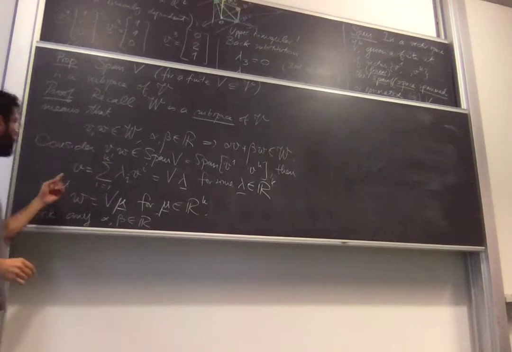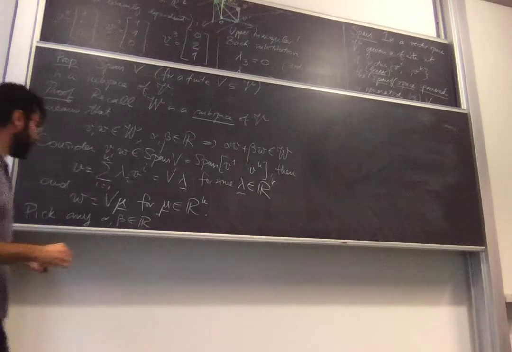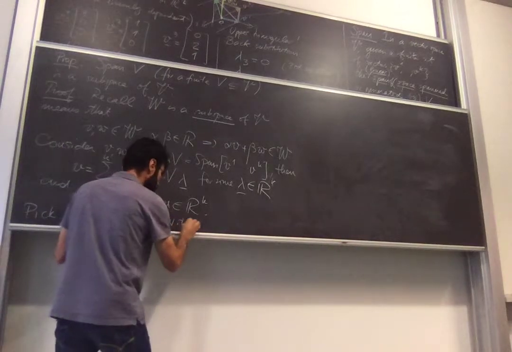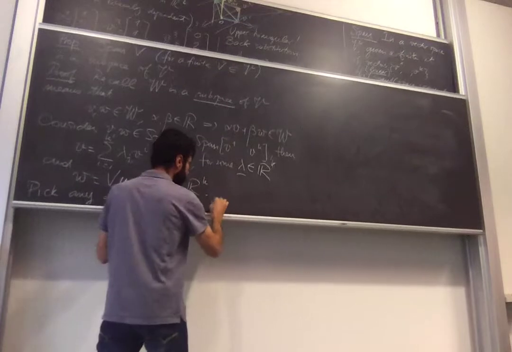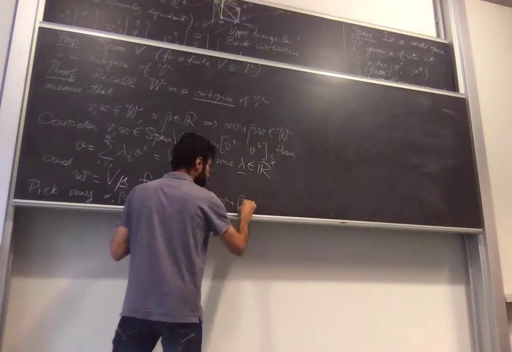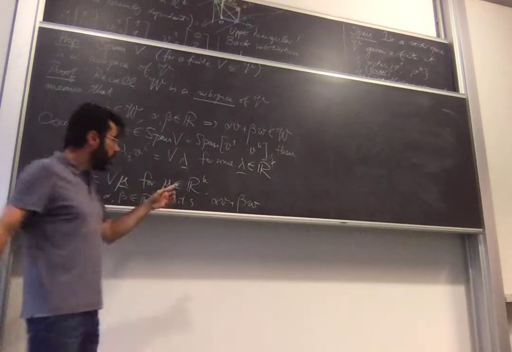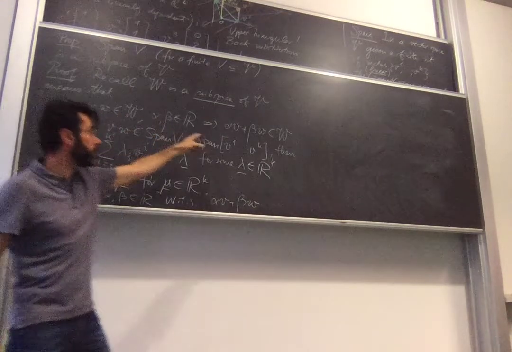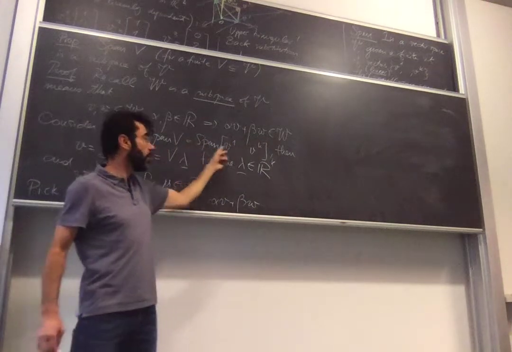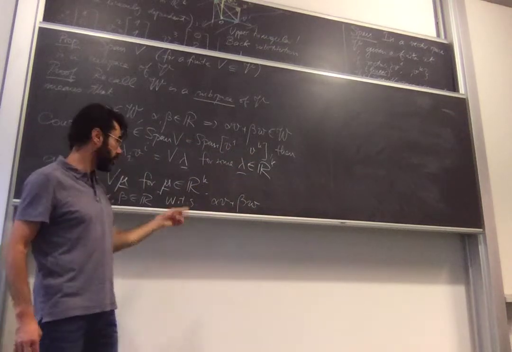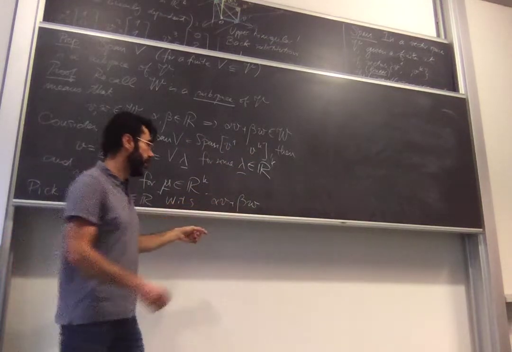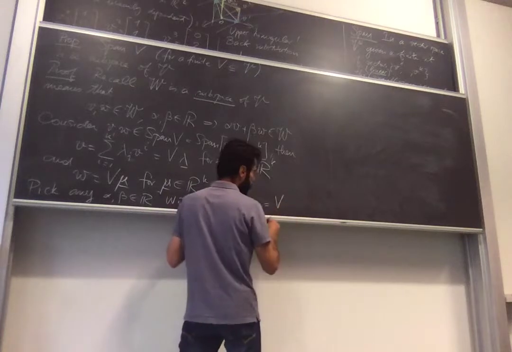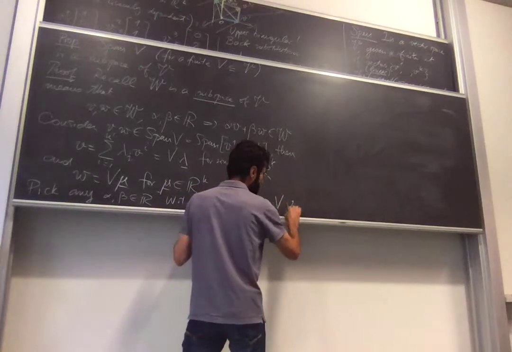I want to show that the linear combination alpha V plus beta W also belongs to the span of V, so it also belongs to W. In fact, I want to show that this is equal to V times nu.